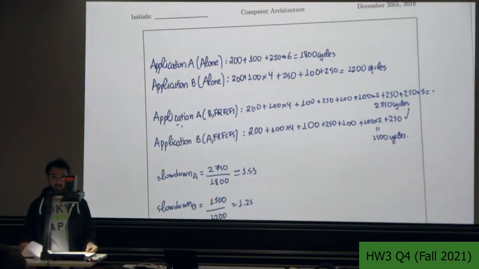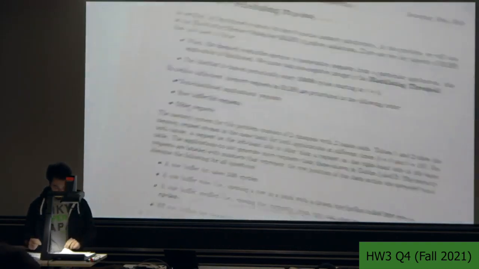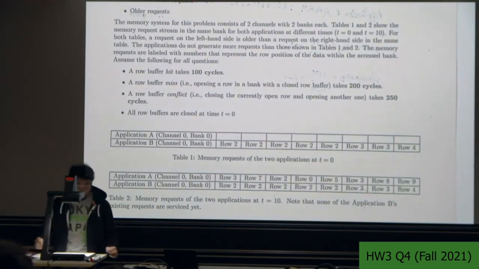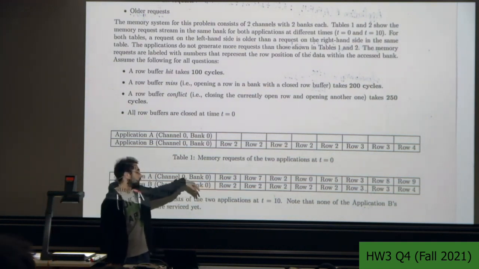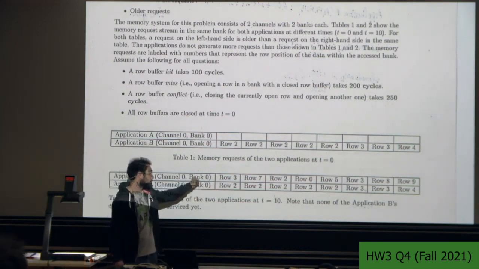For instance, you would still blacklist B after one access, but then you would hit A and blacklist that immediately as well, and then it would execute them as normal, like before, right? So if you do that, you will have a row miss here, right? But it does the row buffer hit first, which means it would select row 2 from application A.